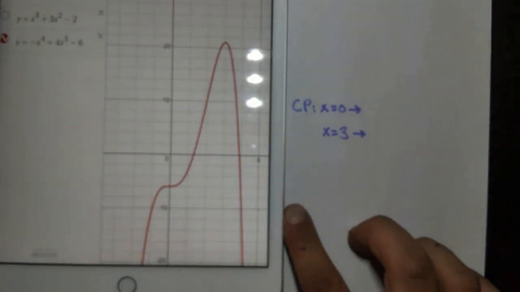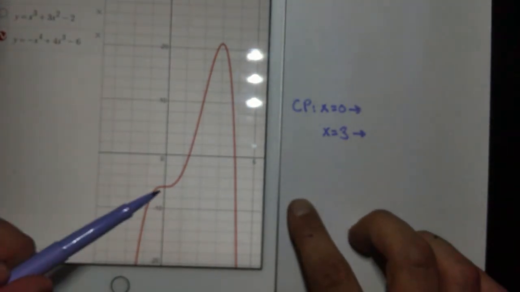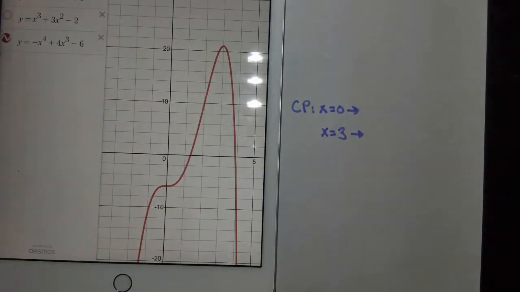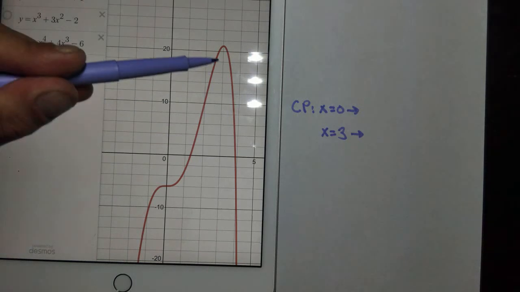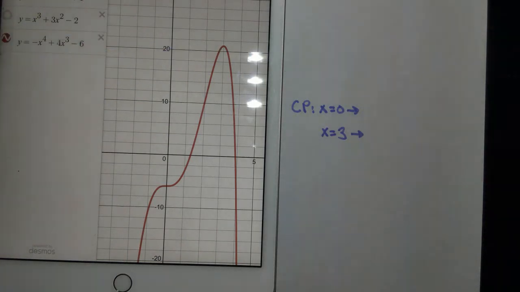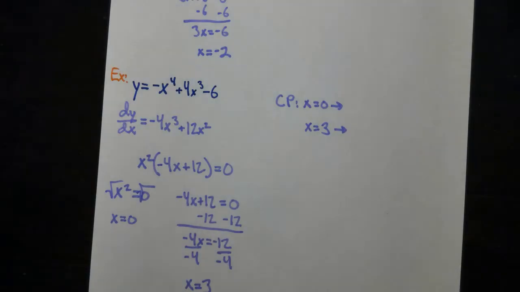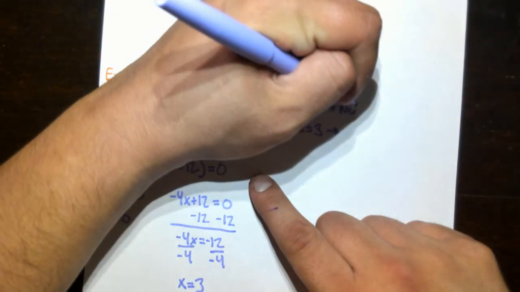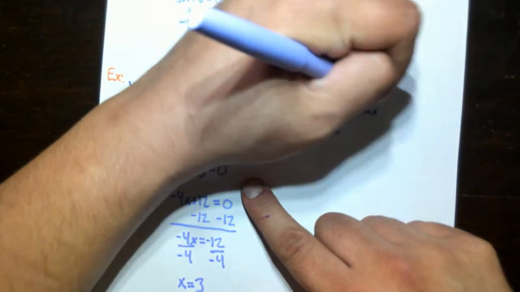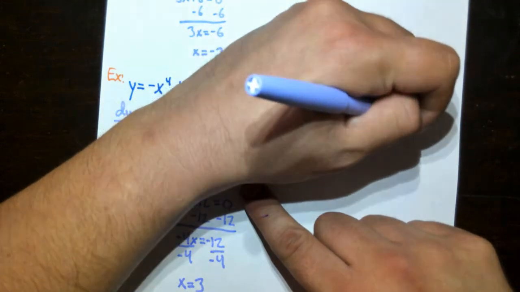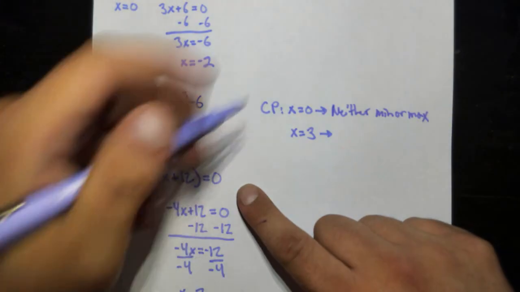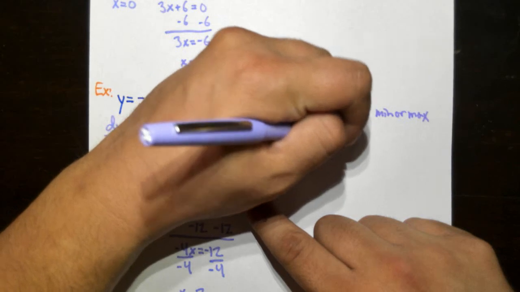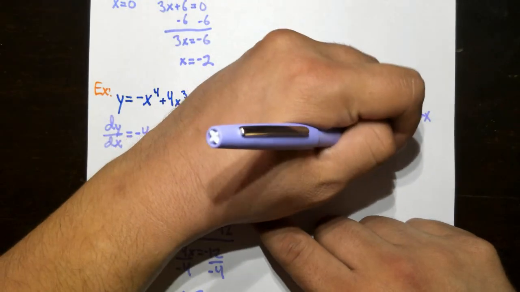Oh well. So notice the one at 0 is neither. It's neither a min or a max. And then we have the one at 3, that's an absolute max. So the critical point at 0 is neither min or max. And the one at 3 is the absolute max.